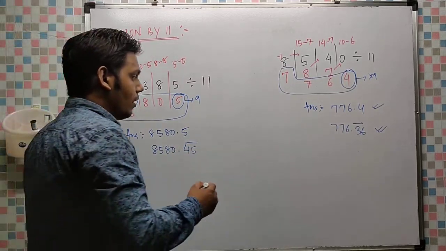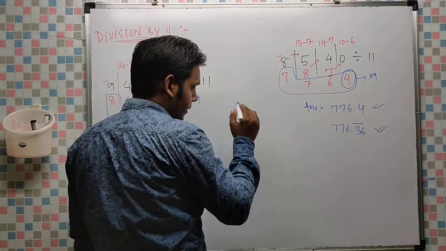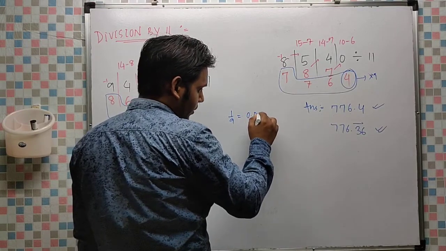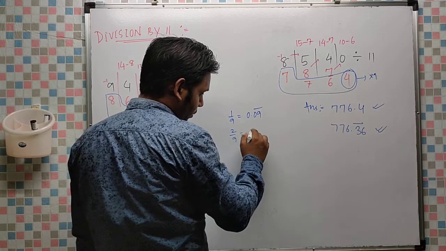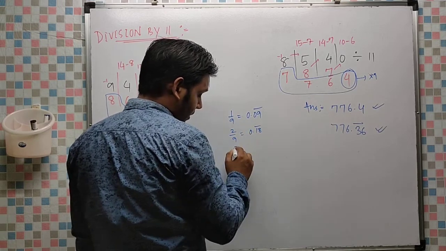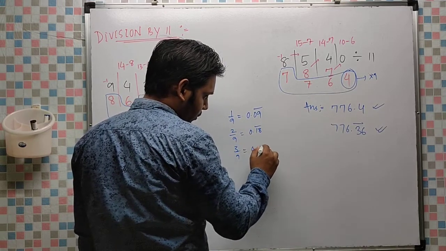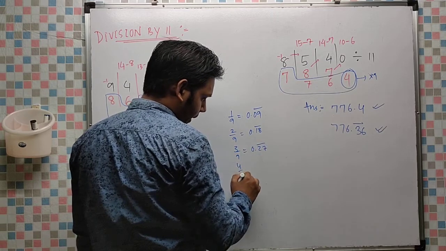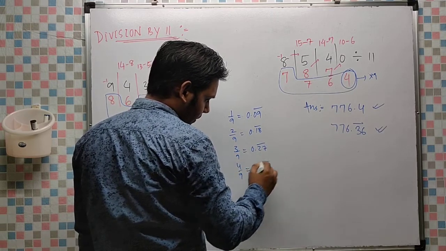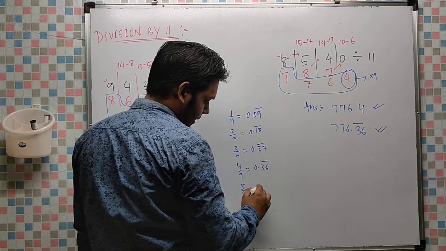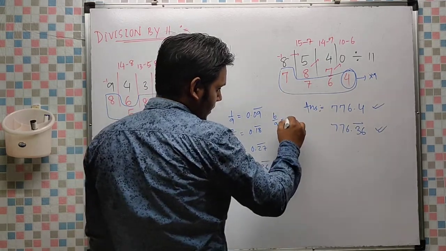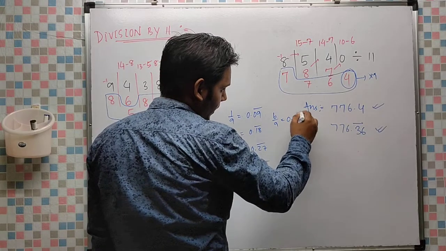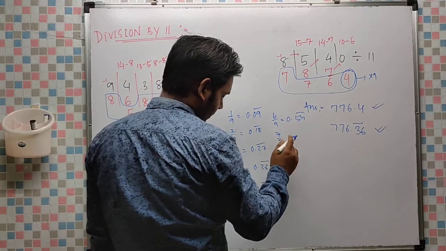That's because 1 by 9 is 0.09 bar, and 2 by 9 is 0.18 bar, 3 by 9 is 0.27 bar, 4 by 9 is 0.36 bar, 5 by 9 is 0.45 bar, 6 by 9 is 0.54 bar.